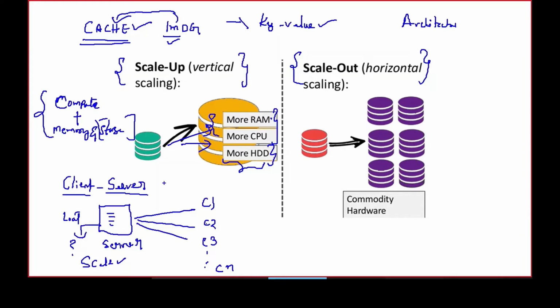So if you are doing it, it is called vertical scaling. In other words, we call it scale up. But it is not a viable solution because it is a single point of failure. That is, if the server itself fails, all these clients are going to be affected.